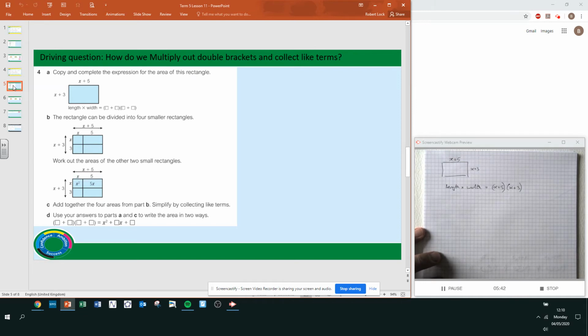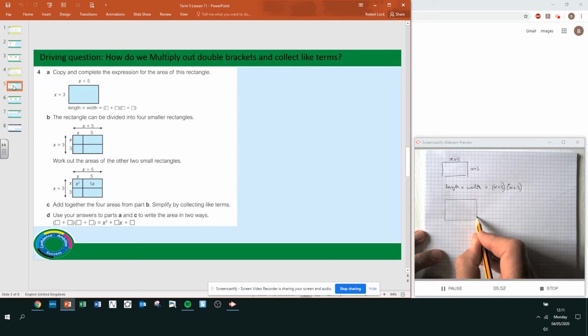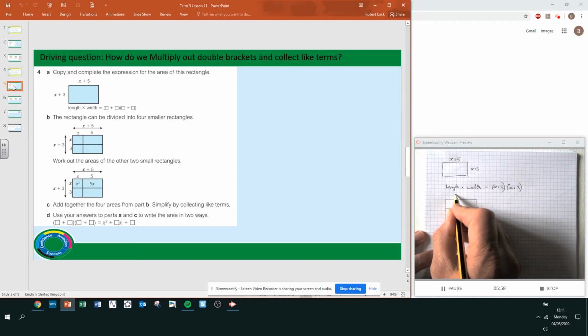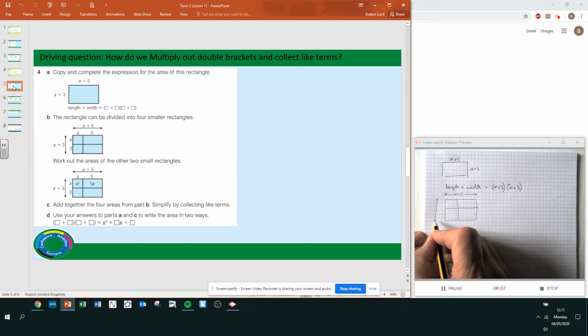The rectangle can be divided into 4 smaller rectangles. The whole thing across the top is x plus 5, and the whole thing down the side is x plus 3.